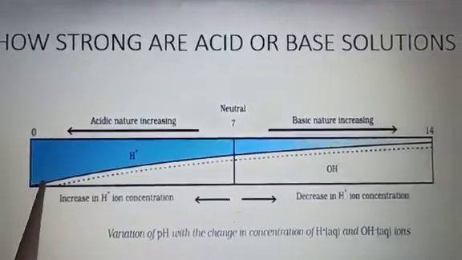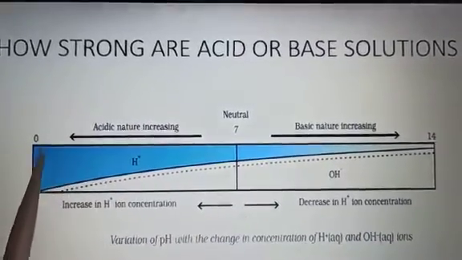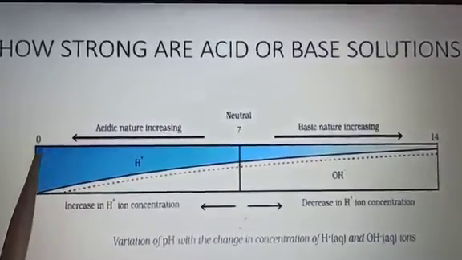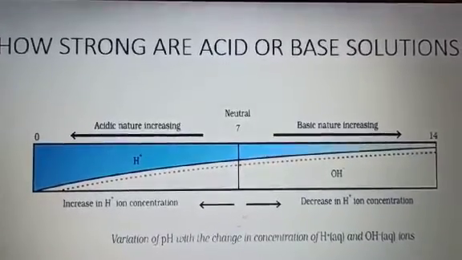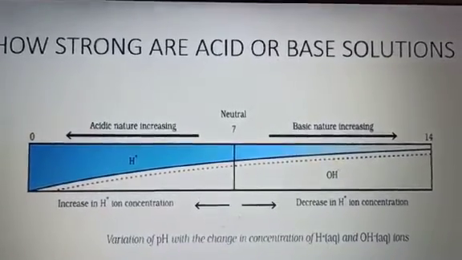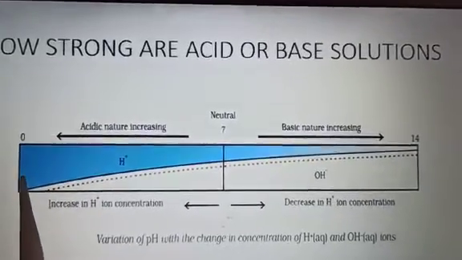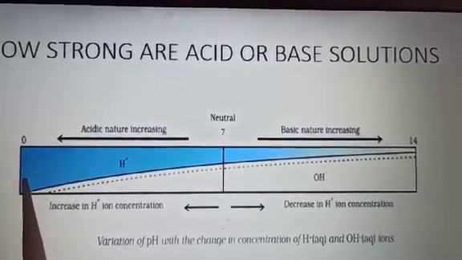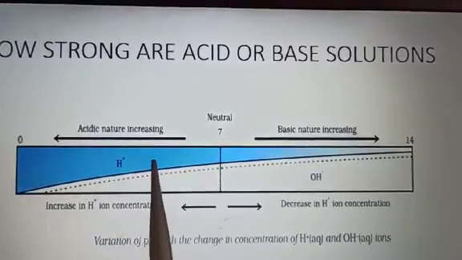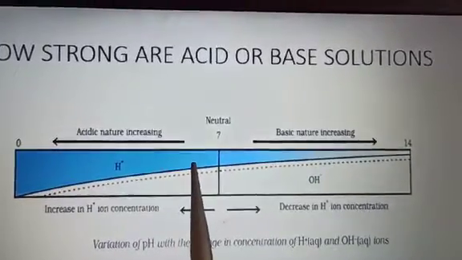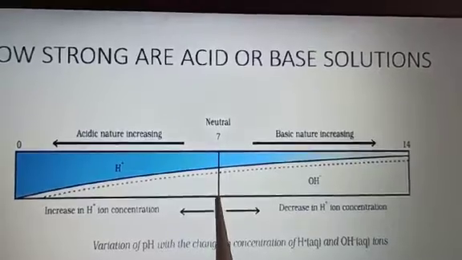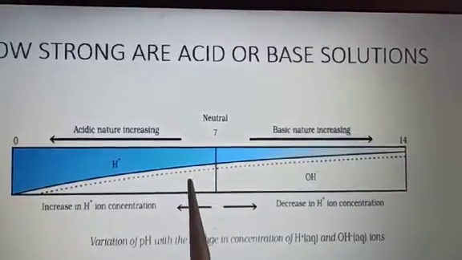With this, you can understand very well that where this is all filled, the H+ ions are more. As much as the H+ ions are there, the acidic nature is more, which means the acid is strong here. As it decreases, the acid is getting weaker. At 7, the substance is neutral. It is neither acidic nor basic.